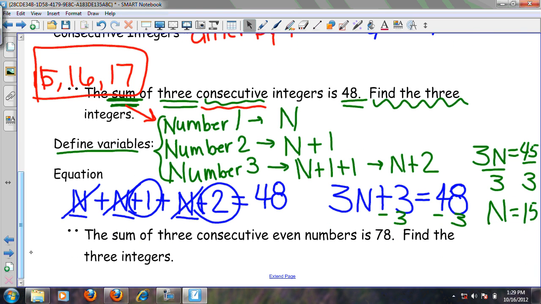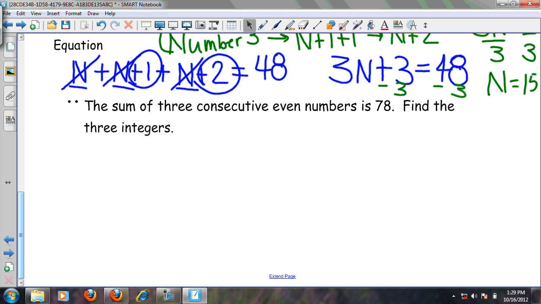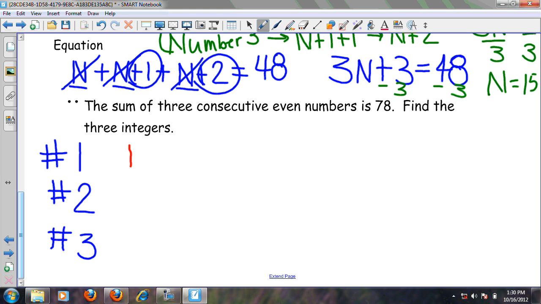Let's do one more. Let's talk about consecutive even numbers. I need to define my variable for number 1, number 2, and number 3. See what you come up with and see if it matches what I put in about 5 seconds. My first number I'm always going to say is n.